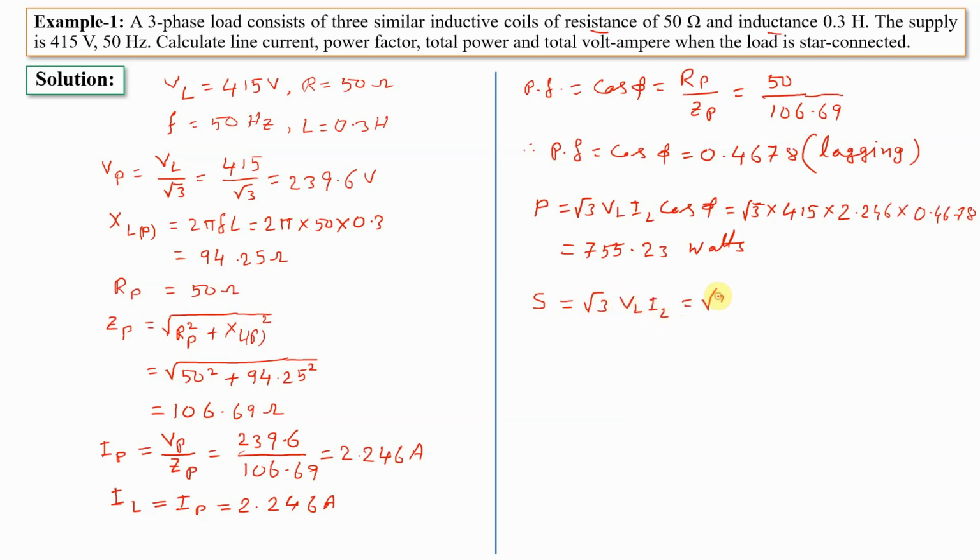So here again VL is 415 and IL is 2.246, and after solving we'll get the apparent power as 1614.43 VA, that is volt ampere. So this is the complete solution.